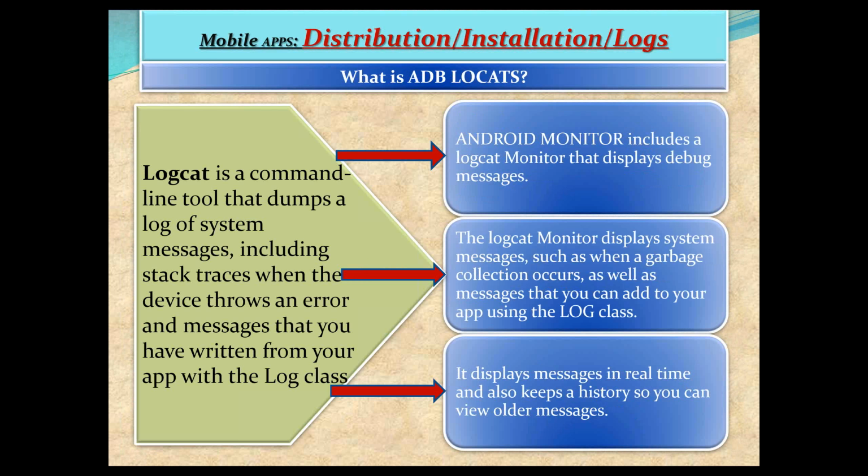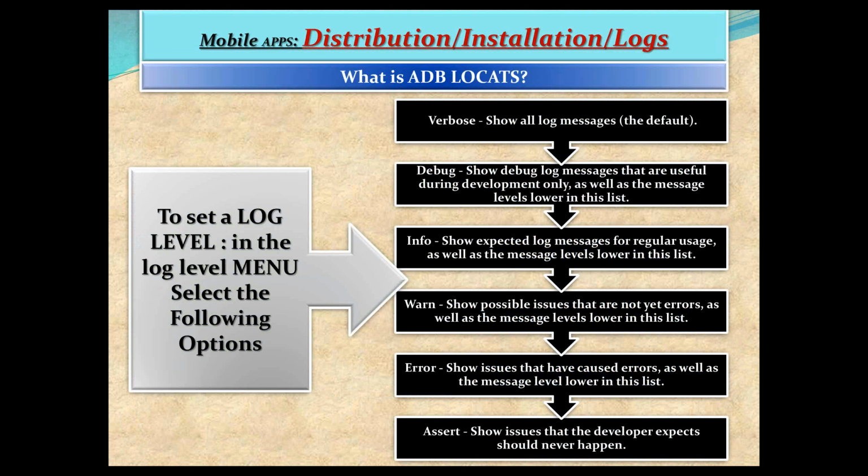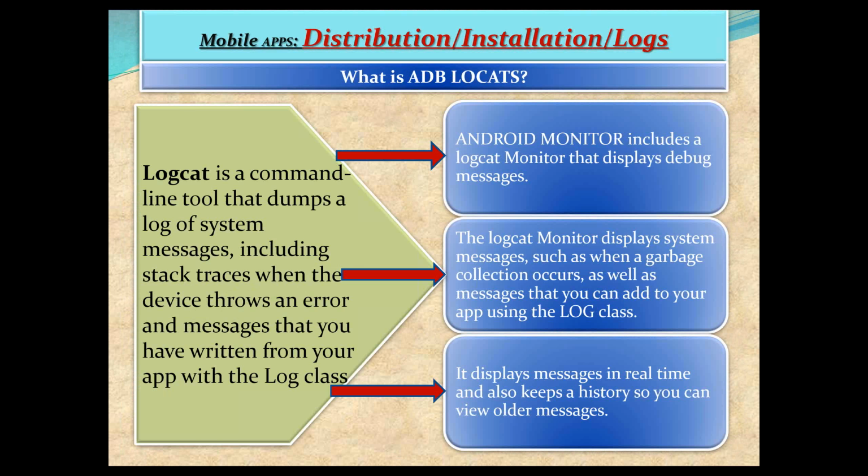And what we want to do right now, before going any further, grab your cables and try to connect your phone to Android Studio. Connect your phone to Android Studio.